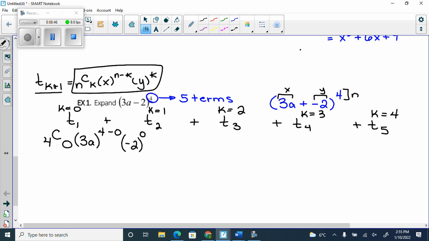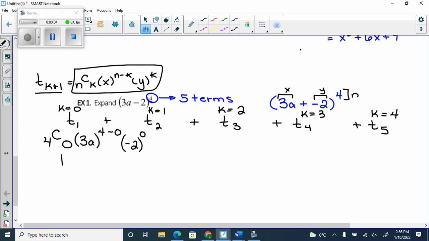That's term 1. So I just filled it into the formula. What's 4C0? Well, if you have 4 things and you choose none of them, how many ways can you do that? 1. There we go. So this is going to be 1.